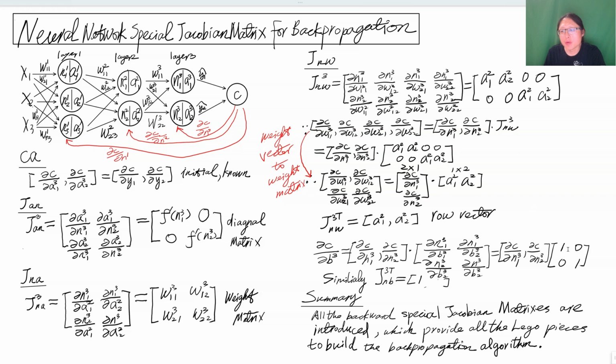So after you take the partial derivative with respect to B, you get a 1. Similarly, for the Jacobian matrix between N and B, after the transpose you get a 1 and a 1, and you don't need to multiply anymore, because it's just a 1.